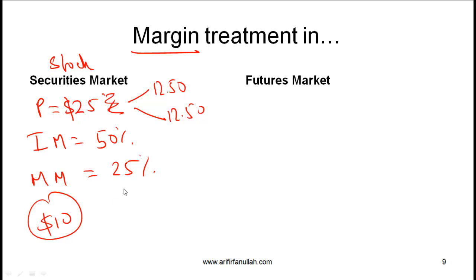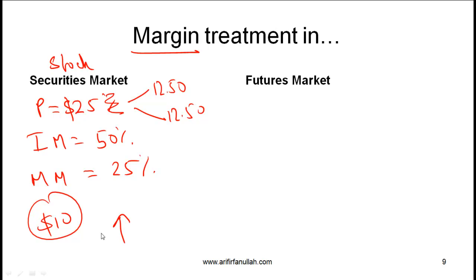so the stock price plummeted, then you will get a margin call, and I'm not going to go over calculations on how to come up with the call price. I assume you either remember how to do that or you can listen to the equity lecture again. But clearly when the price goes down a lot, you will receive a margin call, and when you receive a margin call, you need to put money back into your account.